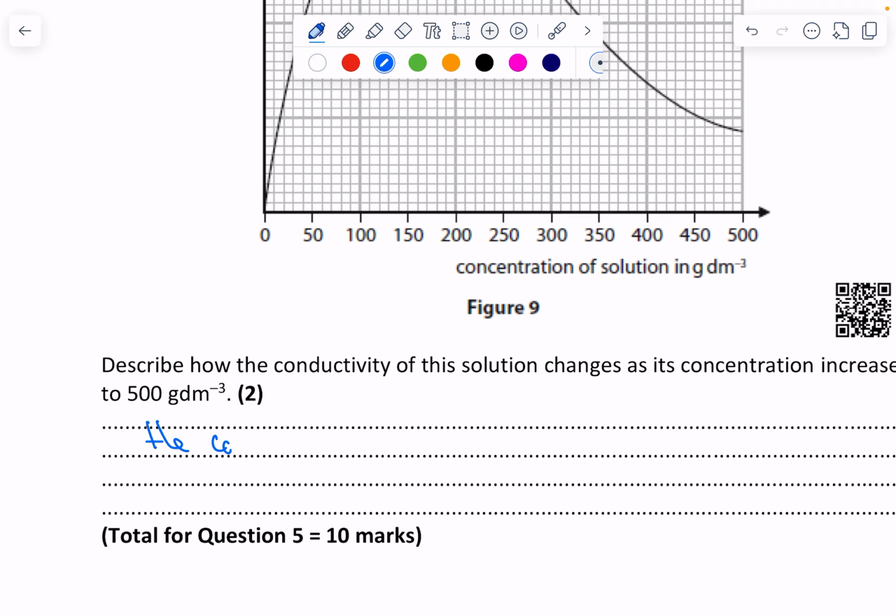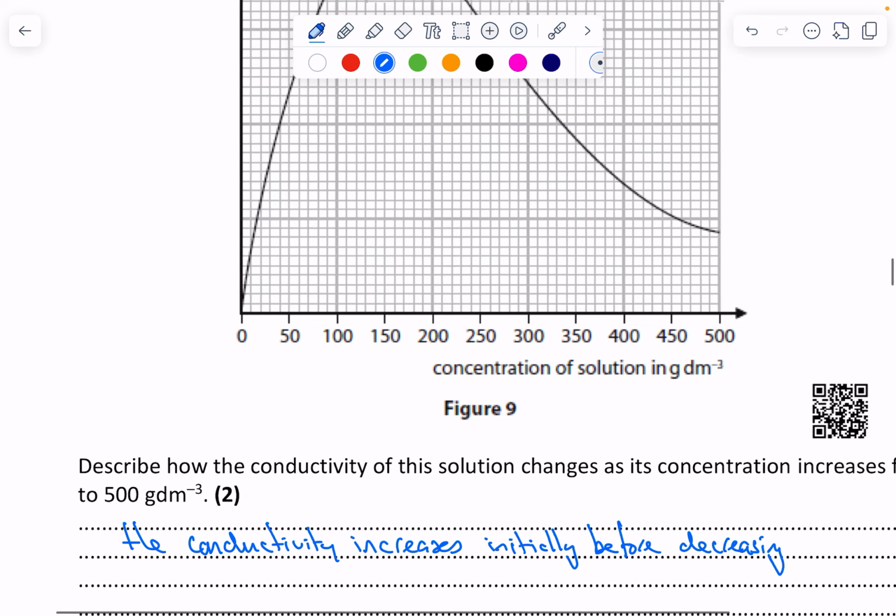So we can say that the conductivity increases initially before decreasing.